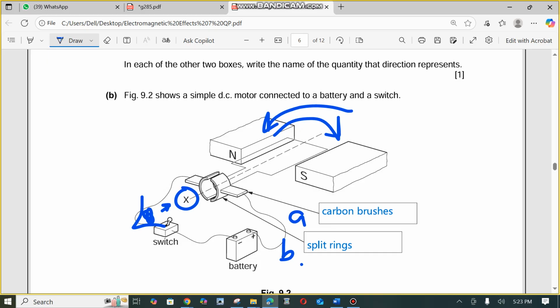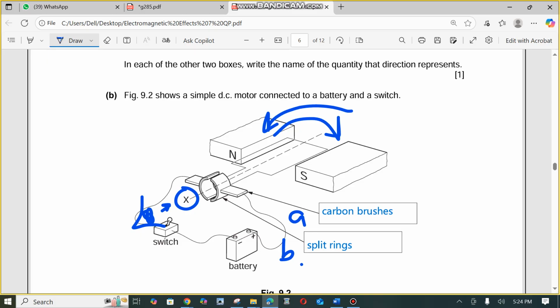First of all, how do we tell which direction it rotates in? The Fleming's laws. Sir, the Fleming's left-hand rule. Fleming's left hand. In a motor, we always use the Fleming's left hand rule. Well done.